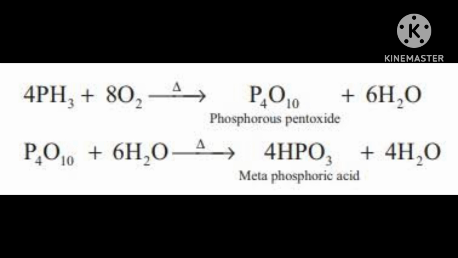Then it will be 4PCl5 and the other product is 10SO2. SO2Cl2 is called sulfuryl chloride, and the one I discussed earlier was thionyl chloride, SOCl2, with only one oxygen, but here two oxygens are there, SO2Cl2. This is called sulfuryl chloride.